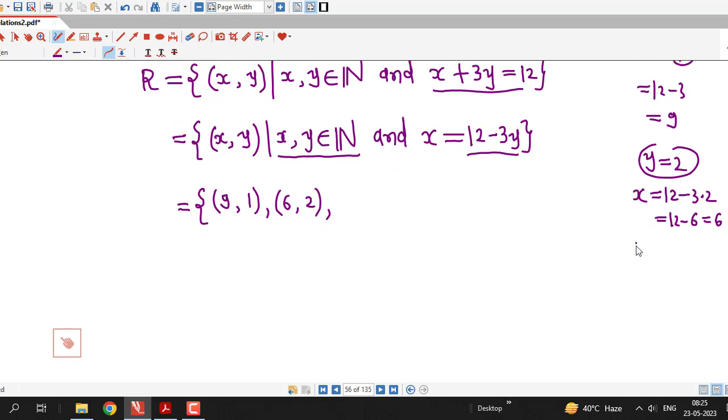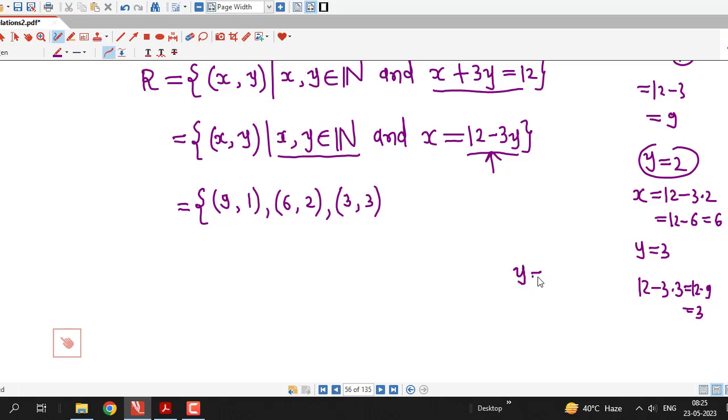Now suppose we consider y equal to 3. Then we have 12 minus 3 into 3, that is 12 minus 9, which is 3. That means for y equal to 3, x is 3. That is the ordered pair (3, 3).